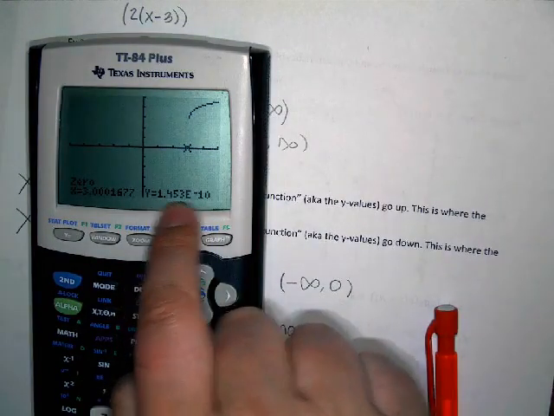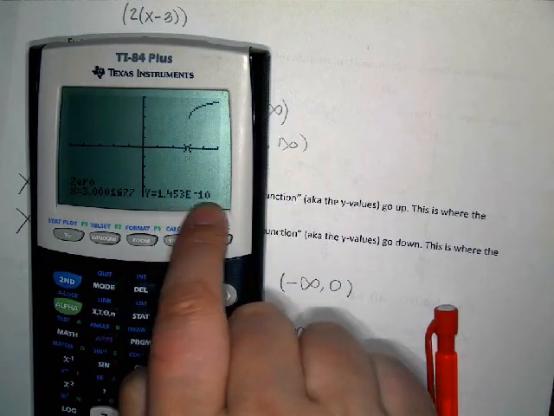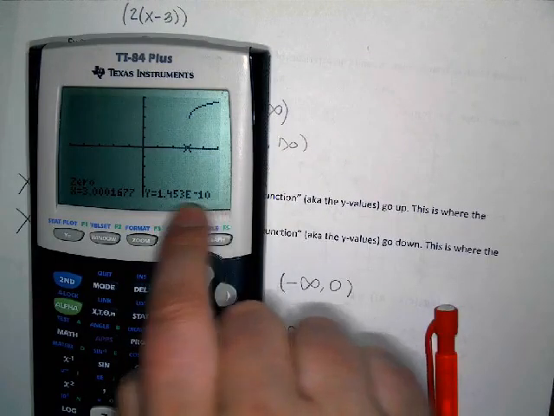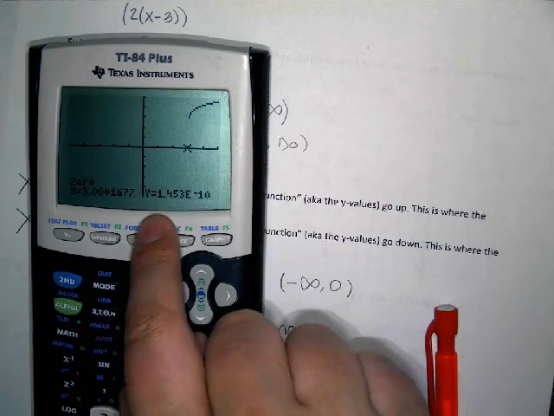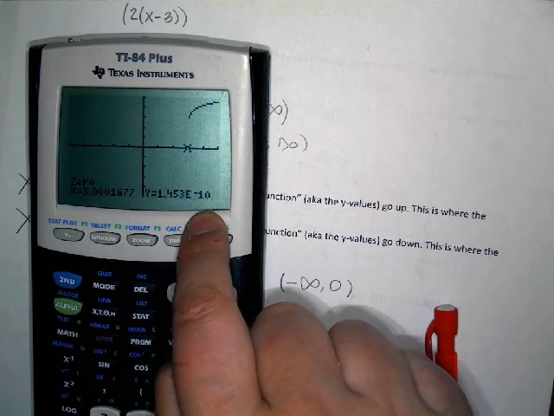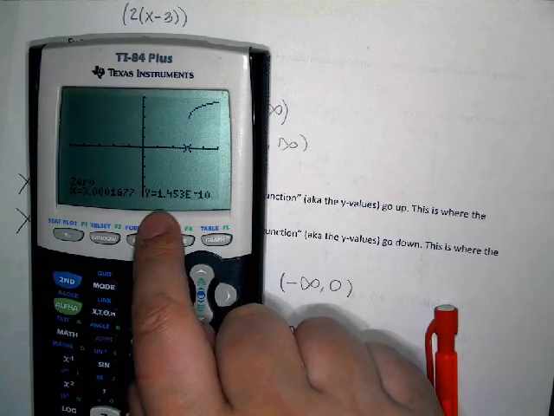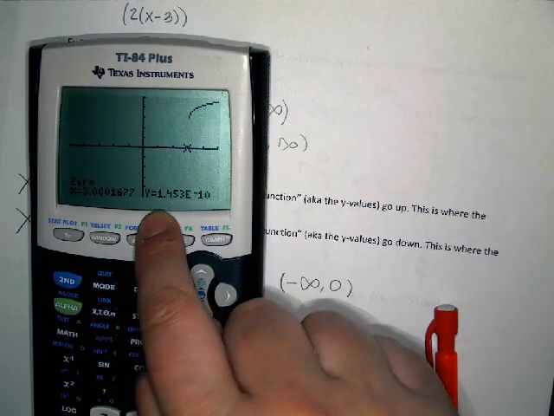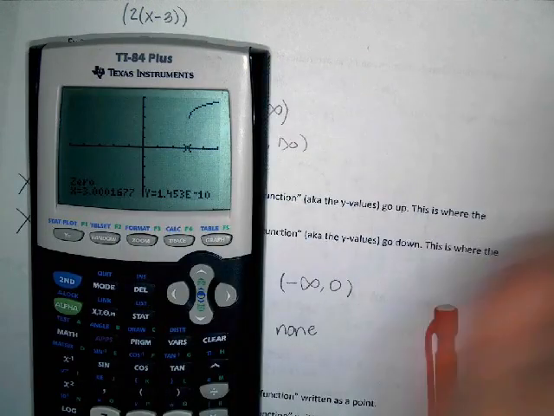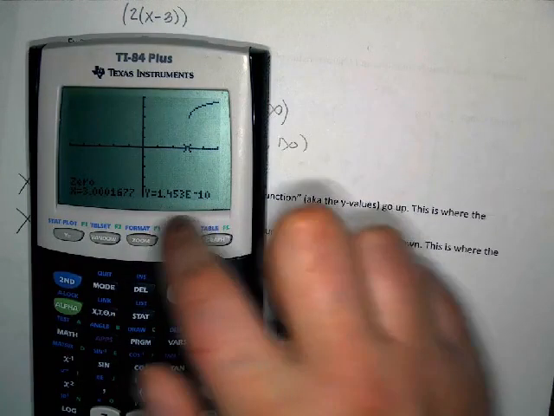So this is 1.453 times 10 to the negative 10 power. There are 10 zeros in front of 1.4. So we would have to move it back and put 0.00000 with 10 zeros. Okay, so this is scientific notation, very, very close to 0. And then the x-intercept is very, very close to 3.